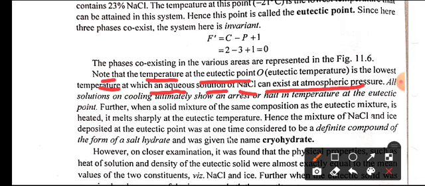Further, when a solid mixture of the same composition as the eutectic mixture is heated, it melts sharply at the eutectic temperature. Hence, the mixture of sodium chloride and ice deposited at the eutectic point was at one time considered to be a definite compound, a salt hydrate, and was given the name cryohydrate.